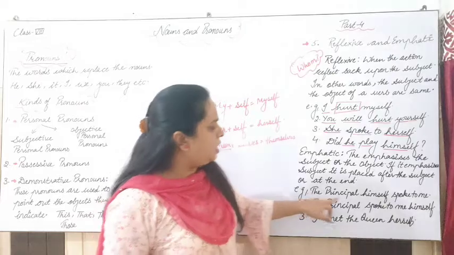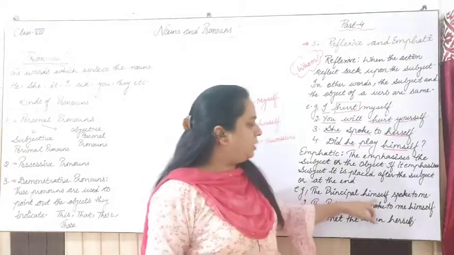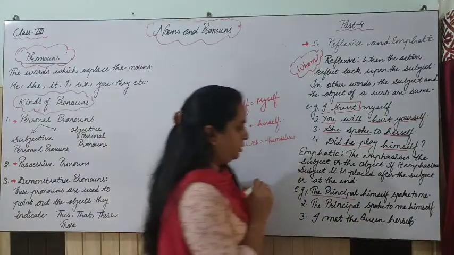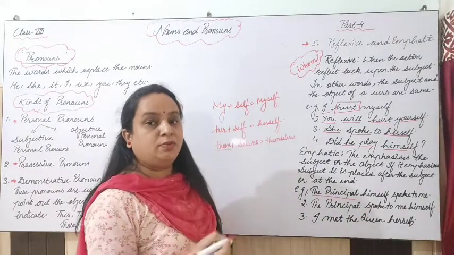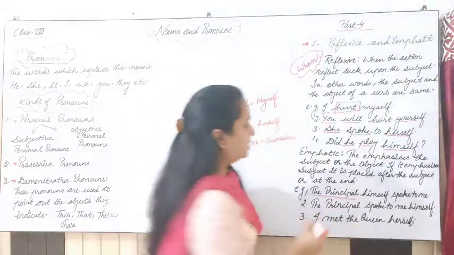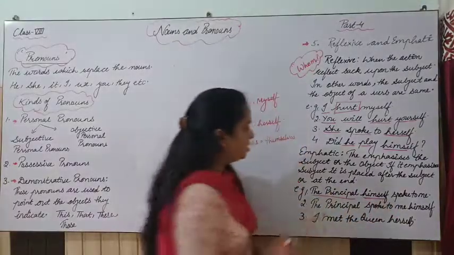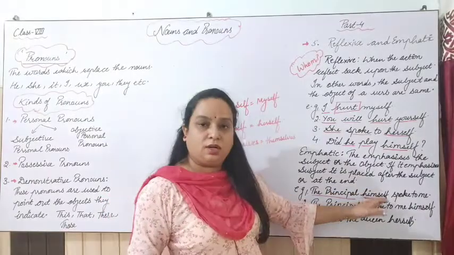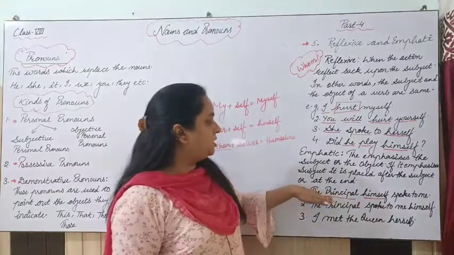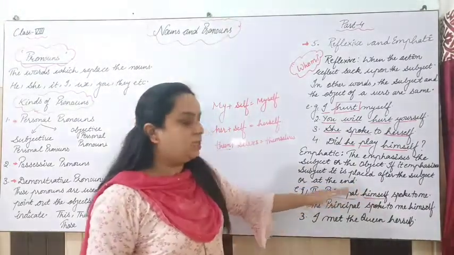The principal himself spoke to me. Now here see, the subject is what? The principal, right? And the object is what? Me. The principal is here, and the word himself is just written after it, in the subject itself, at the start.